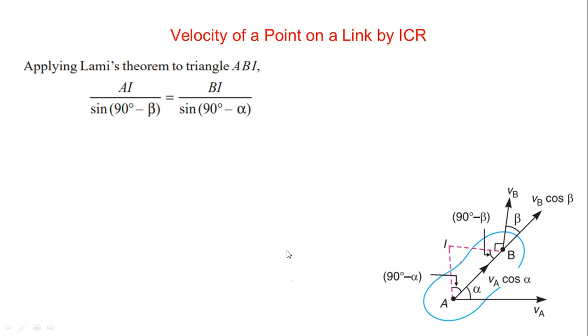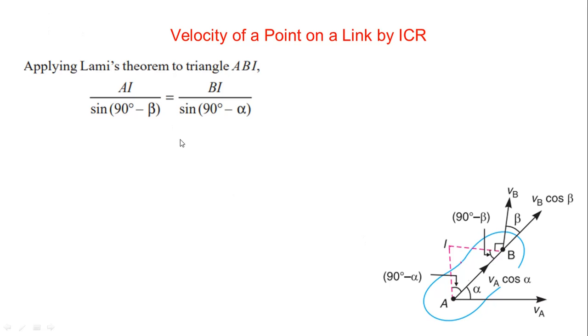How does it become 90 minus alpha? Because you have drawn AI perpendicular to VA, this total angle will be 90. Out of that this portion is alpha, so the remaining portion will be 90 minus alpha. Similar logic is applicable on this side also.